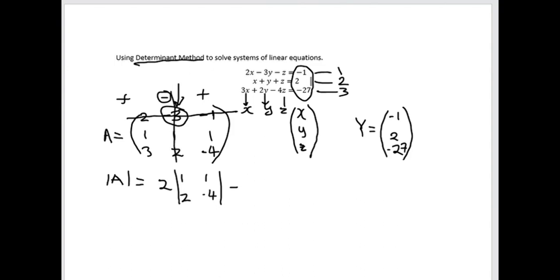So I have minus, and then minus 3, because that's the coefficient of y in the first row. And then I'll write down the elements I'm left with: 1, 1, 3, minus 4.